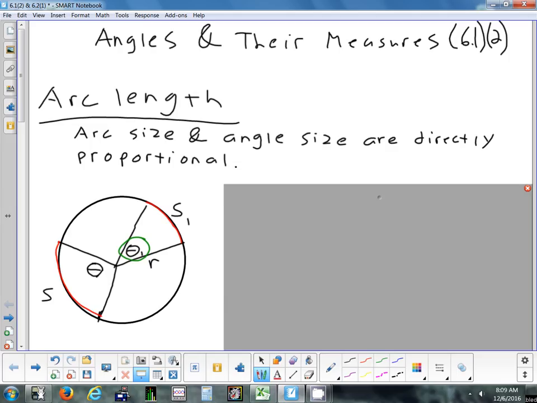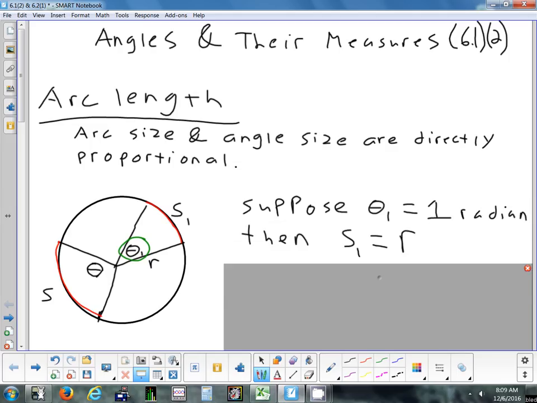If you make this angle exactly 1 radian, okay, then what happens is the size of the arc and the size of the radius are the same. And we can use that one fact to figure out anything else we want. Just like we can use that one fact, there's 12 inches in 1 foot, to figure out anything else you want.